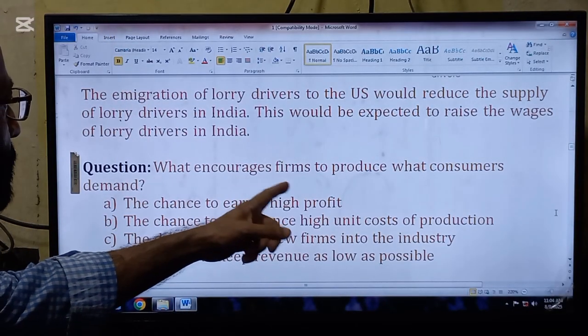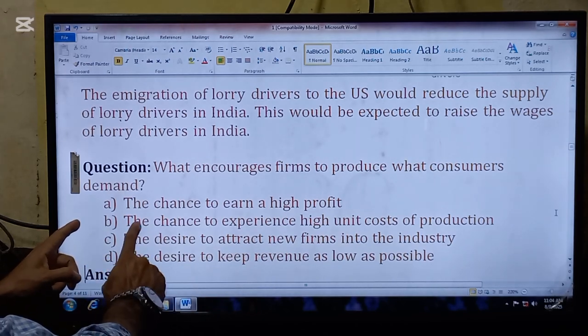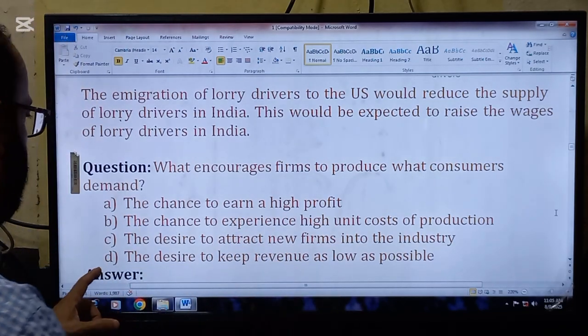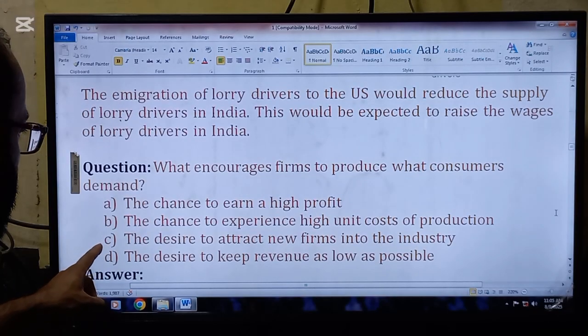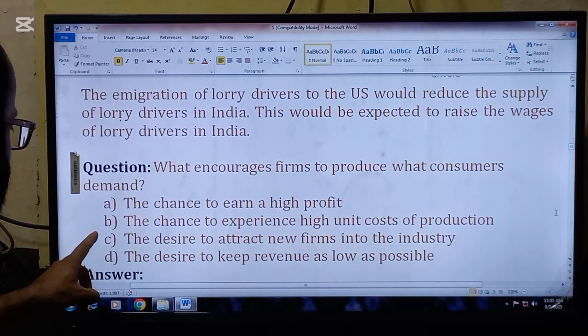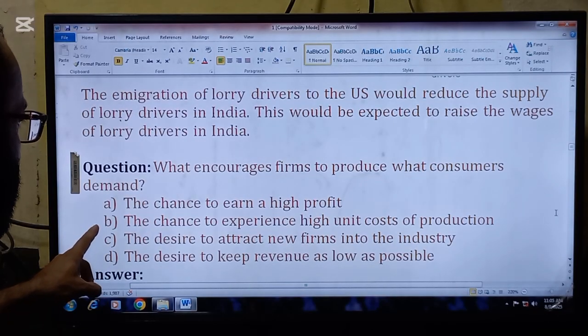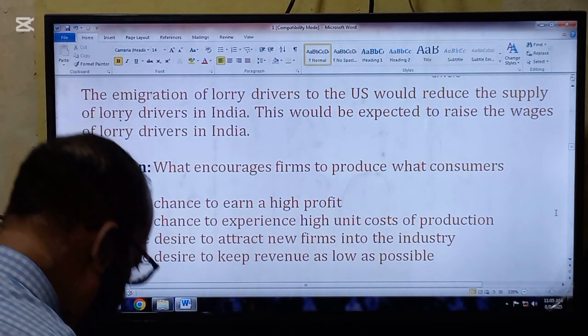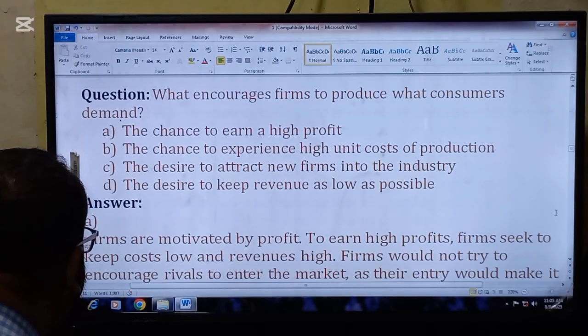What encourages firms to produce what consumers demand is the chance to earn a higher profit. Definitely C will not be the answer. Likewise, B will not be the answer. Likewise, D will not be the answer. So A is the answer.